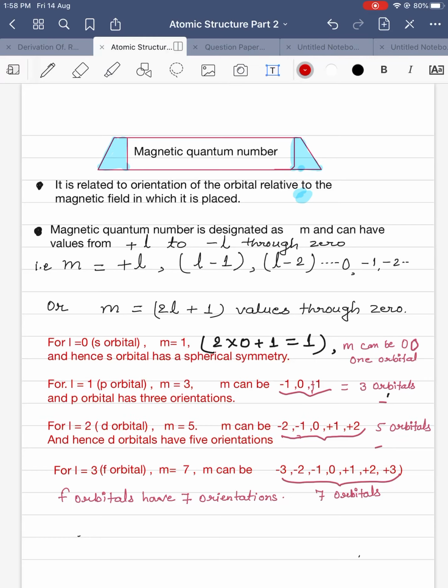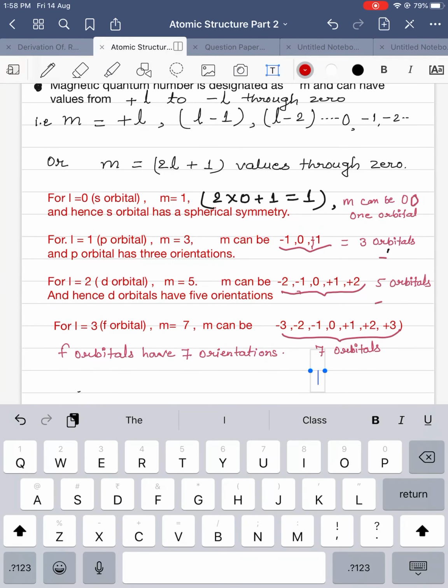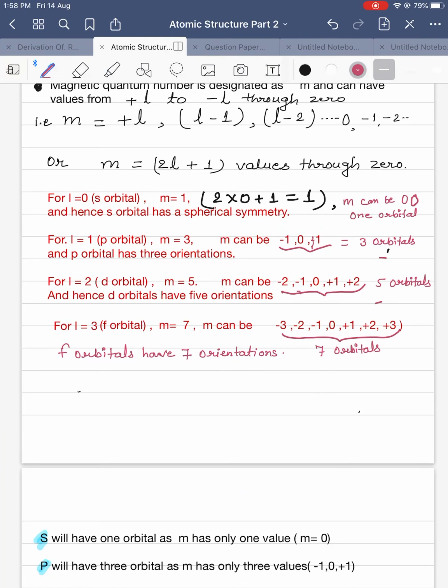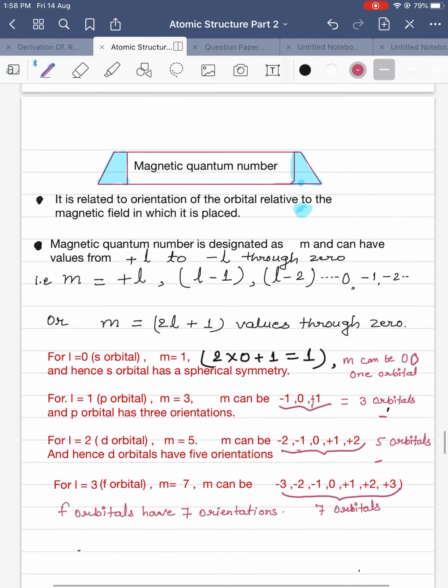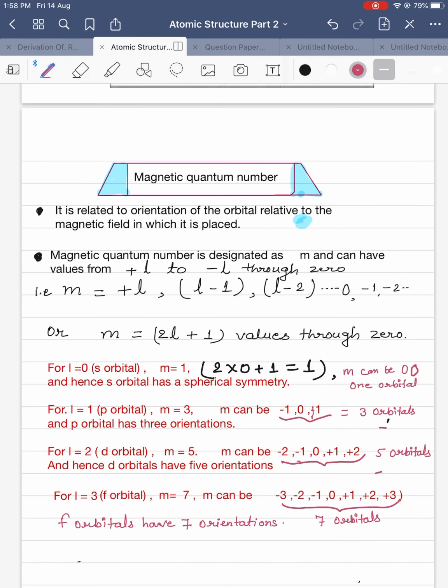For L equal to 3, f orbital, the number of values of m is 7, and m can be -3, -2, -1, 0, +1, +2 and +3. It contains 7 orbitals, and f orbitals have 7 orientations.